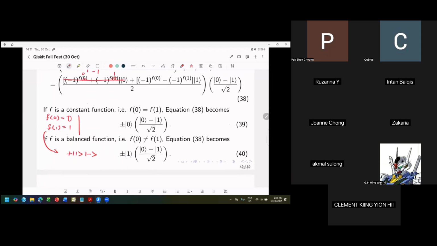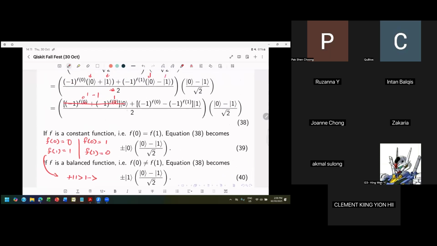The second condition is if you have f0 equals 1, f1 equals 0, then you will notice that the first term still cancels off, because over here f0 is 1, f1 is 0. So you have minus 1 plus 1.